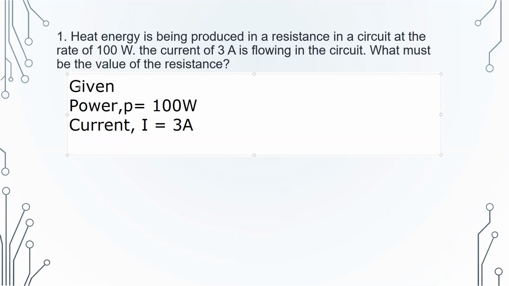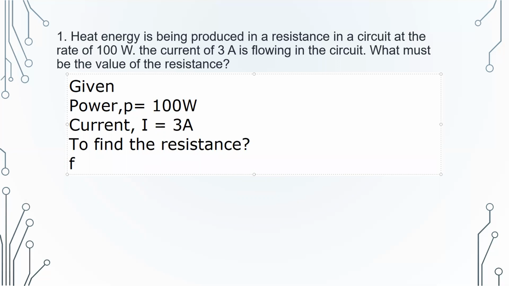We want to find what must be the value of resistance. That means we want to find out resistance. So we know the formula for power in terms of current and resistance.